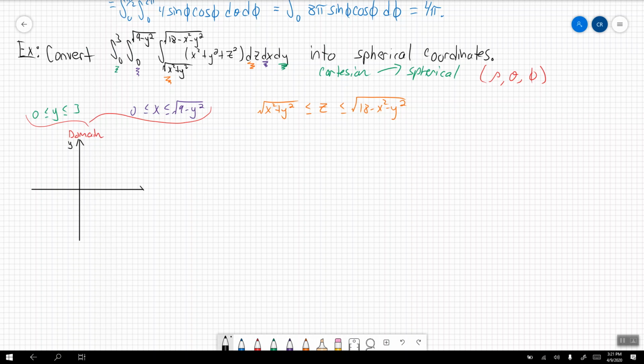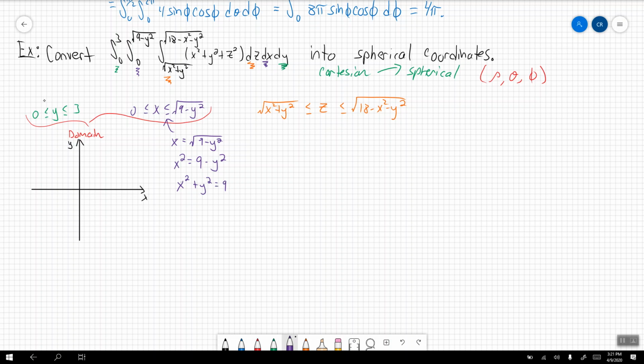All right, I'm going to have some x's and some y's. Now again, this equation is going to be that x is equal to the square root of 9 minus y squared. In doing so, that's going to be x squared is equal to 9 minus y squared, which means that x squared plus y squared is equal to 9, which means I have a circle of radius 3.